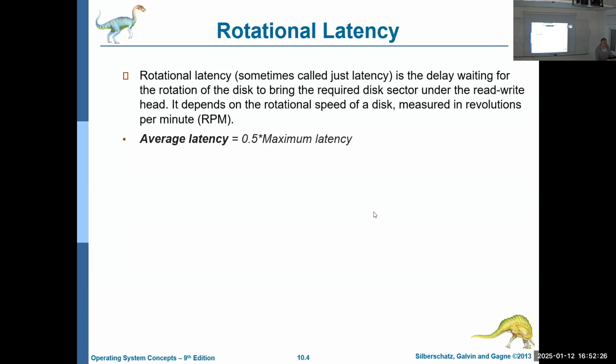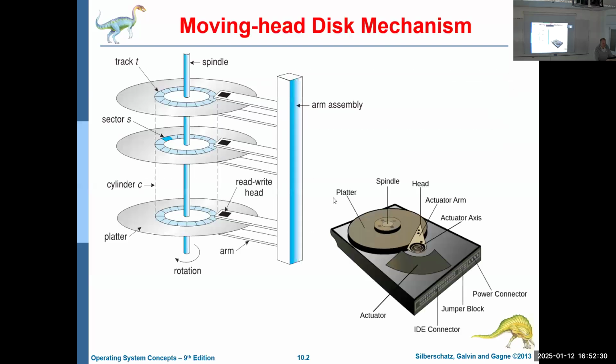Okay, rotational latency. We already talked about the seek time, that's the head moving. But there's also something else. Let's say I'm reading this track. Maybe I do spin it, but let's imagine everything's very slow. We're in the slowest possible world. First, I read this track.